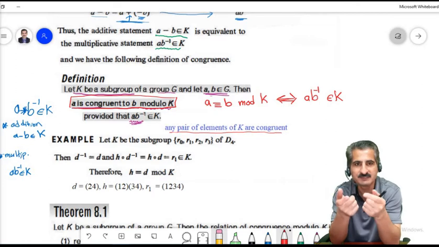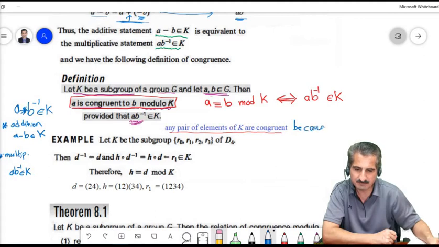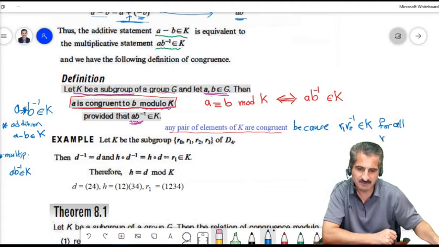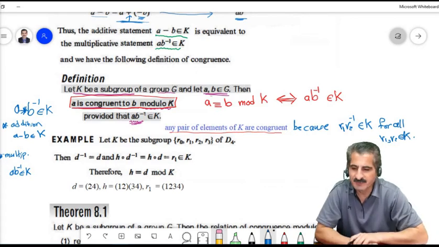It is still in K. Let me write that. This is because R1 R2 inverse will always live in K for all R1, R2 elements from K. So any two elements inside the subgroup are congruent to each other.